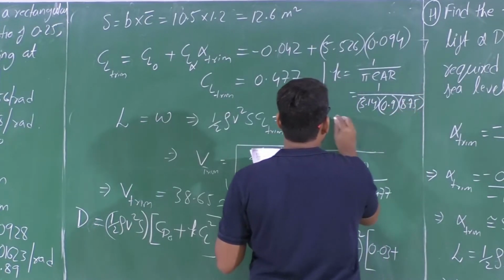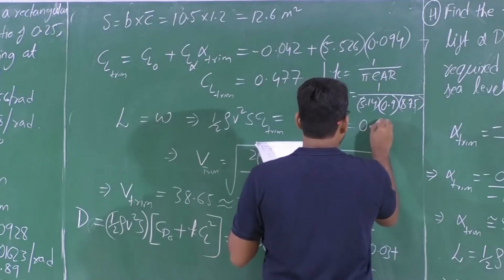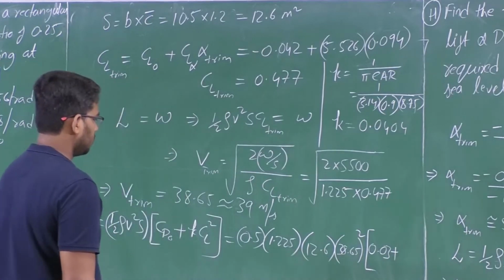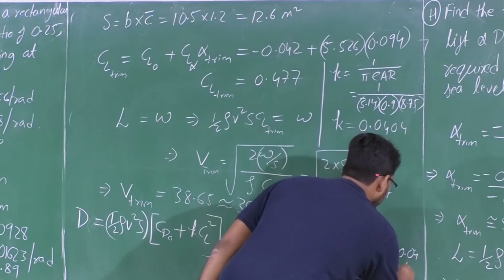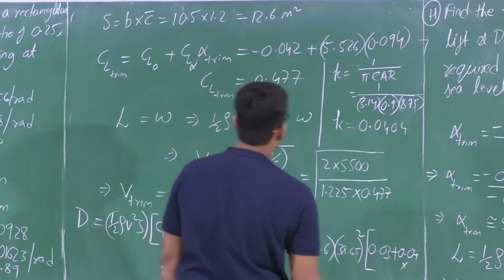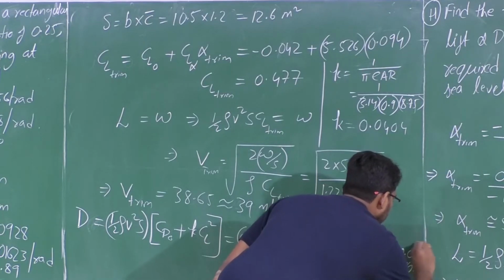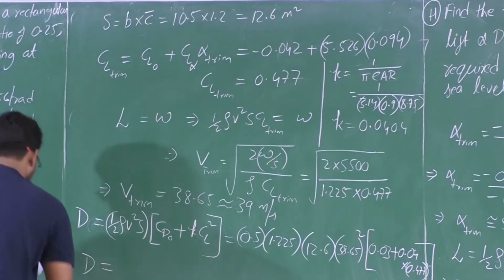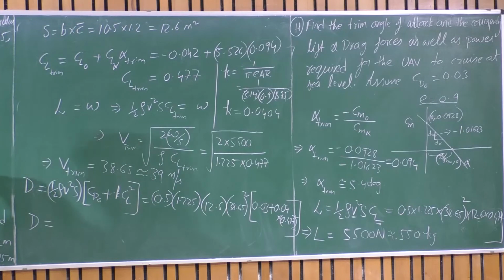So the value of K turns out to be 0.04, right? 0.04 multiplied by CL square, which is 0.5 approximately, or 0.477 square, right? So if you solve this, the drag required is approximately 454 newtons.